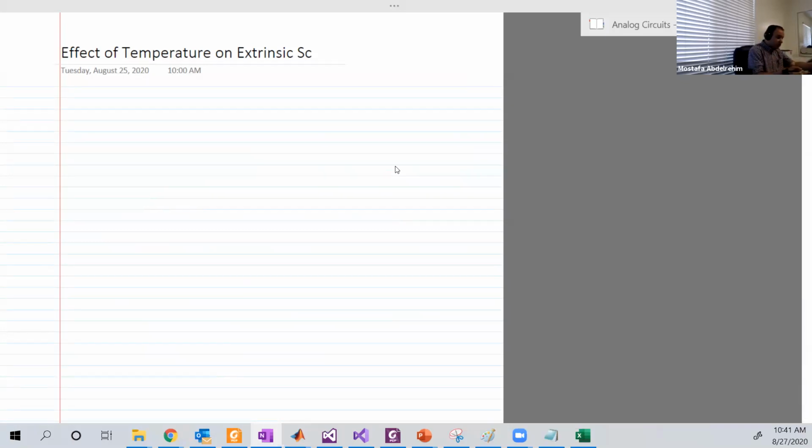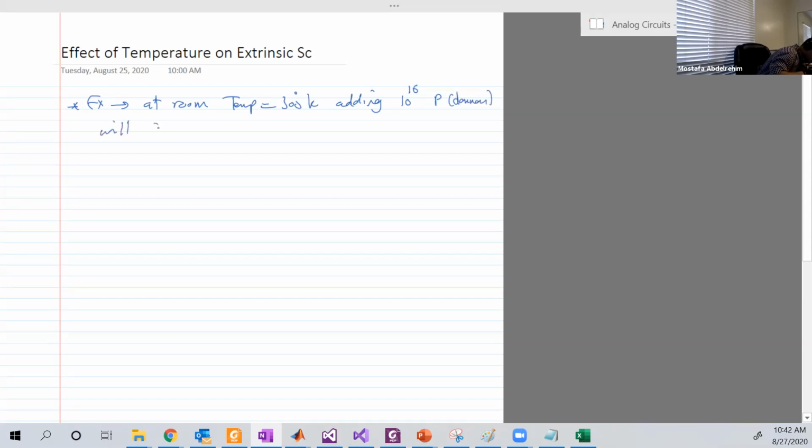So at room temperature, as we see right now, adding 10 to the power 16 phosphorus atoms or donors will convert the silicon into N-type silicon with electron concentration 10 to the power 16, hole concentration 10 to the power 4.